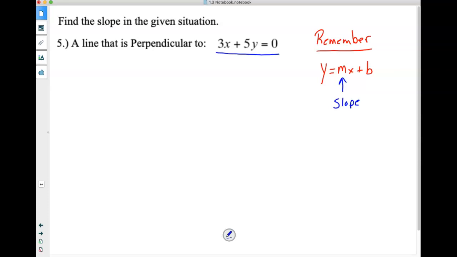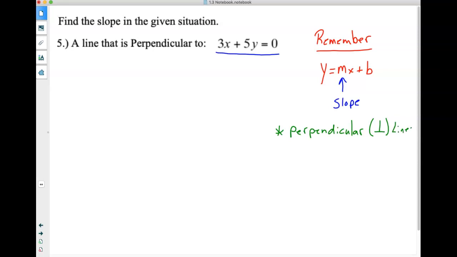Just remember that. Something else we have to remember: perpendicular lines. And in math, that's how we say perpendicular, your upside down T.